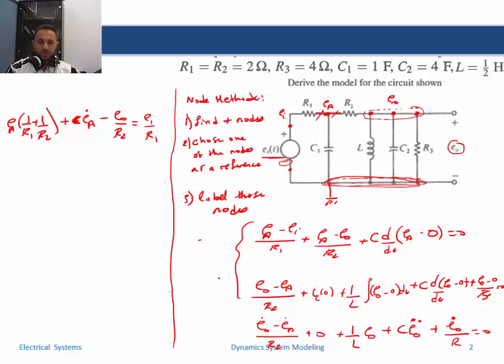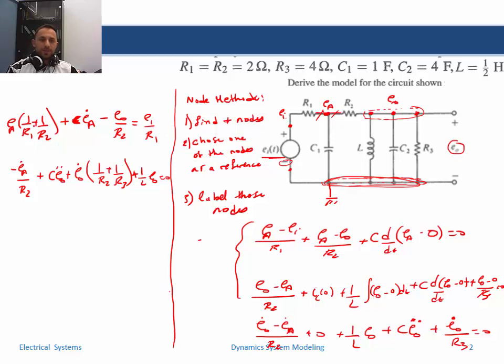Again, let's arrange it. We have minus EA dot over R2. Now let's substitute, to make things simpler.